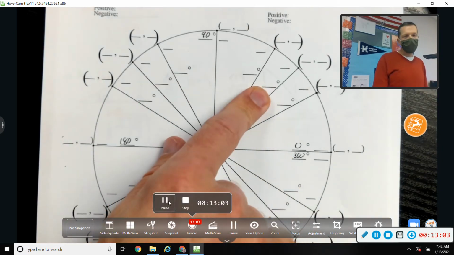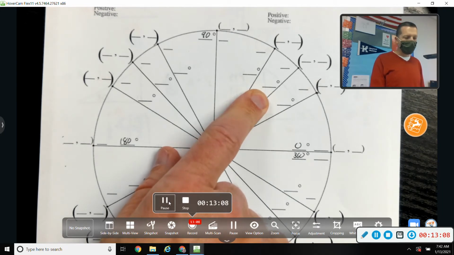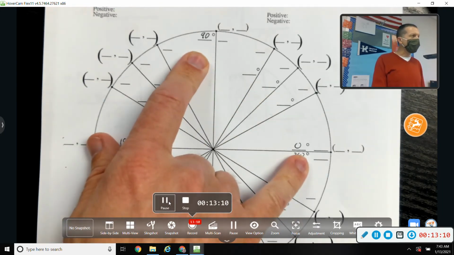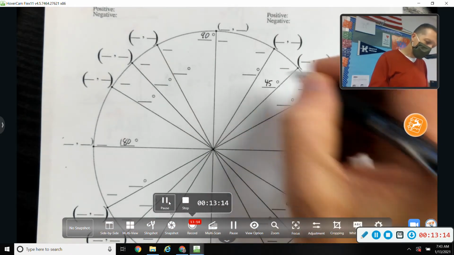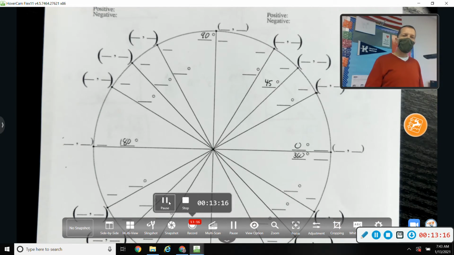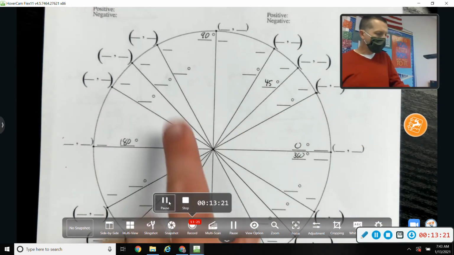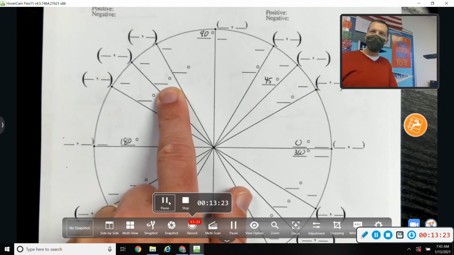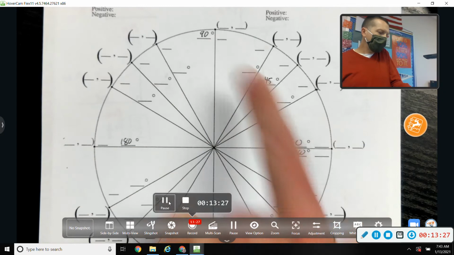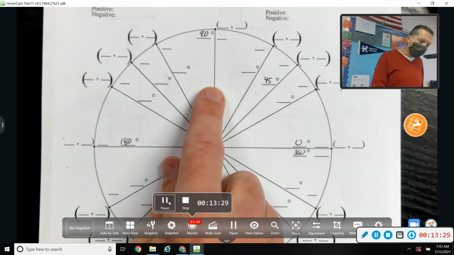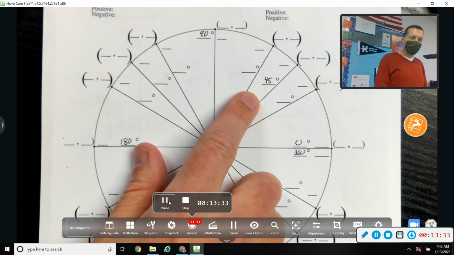One of them's right in the middle, so that one we should be able to figure out for sure. What angle is right in between 0 and 90? 45. In fact, let's go ahead and fill in all the 45s, all the right in the middles. So this one over here is right in between 90 and 180. So you can either average 90 and 180, or you could recognize that it's 45 more. So it's like you're counting by 45. So 45 plus 45 is 90.